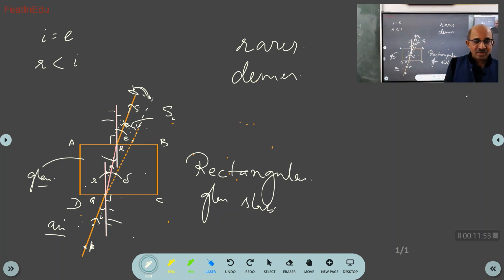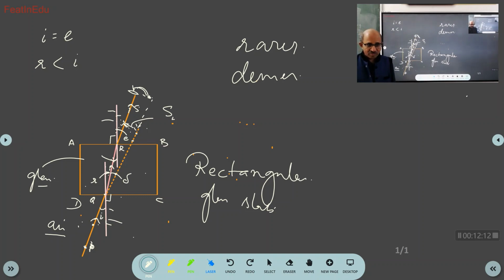It changes its path at the point of incidence, making a small angle. It bent towards the normal. When the light entered from the rarer medium to the denser medium, the light bent towards the normal, isn't it?